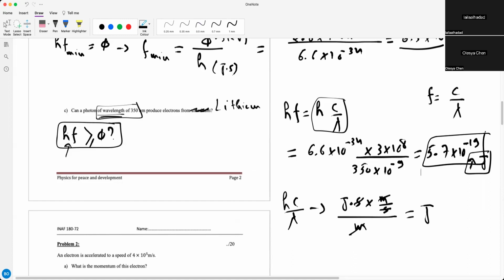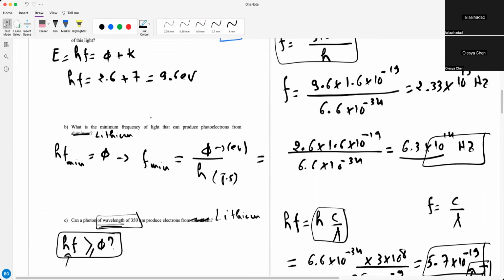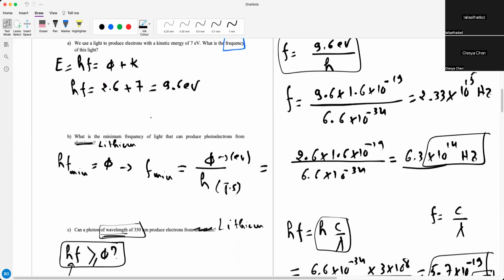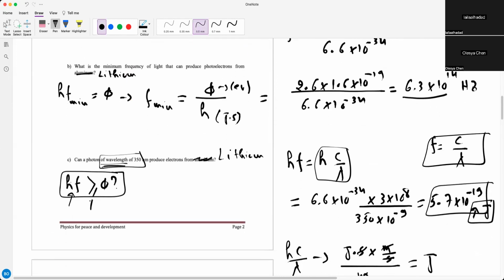So this quantity is joule. But the work function is given in electron volts, 2.6. So in order to test this, I have to convert the energy of the photon to electron volts, which means I have to divide by 1.6 times 10 to the minus 19.